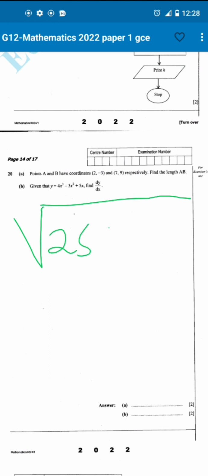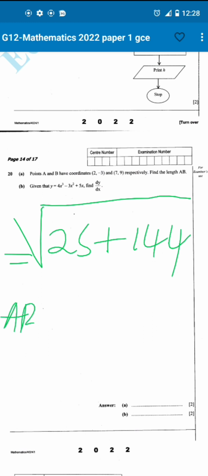So remember, we have 25 plus 144. That's where we are. So what is the length of this AB?